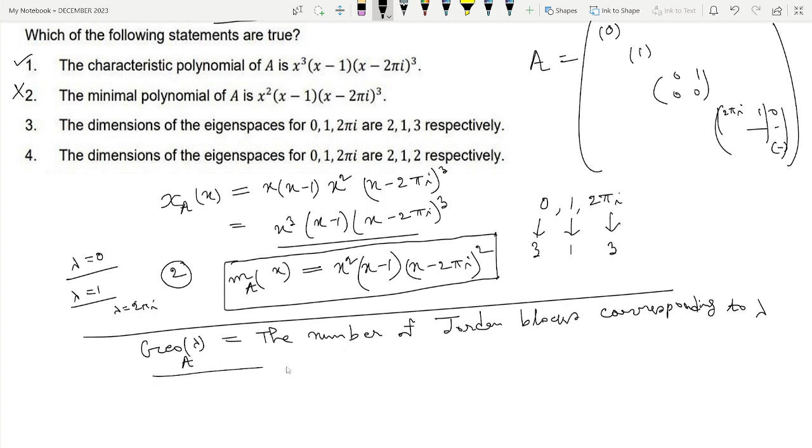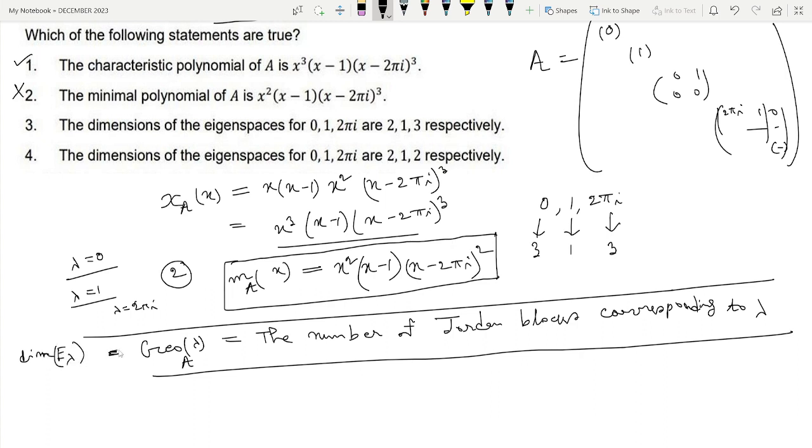So the total number of blocks corresponding to lambda is equal to the geometric multiplicity of lambda, and geometric multiplicity of lambda is actually equal to the dimension of the eigenspace corresponding to lambda.